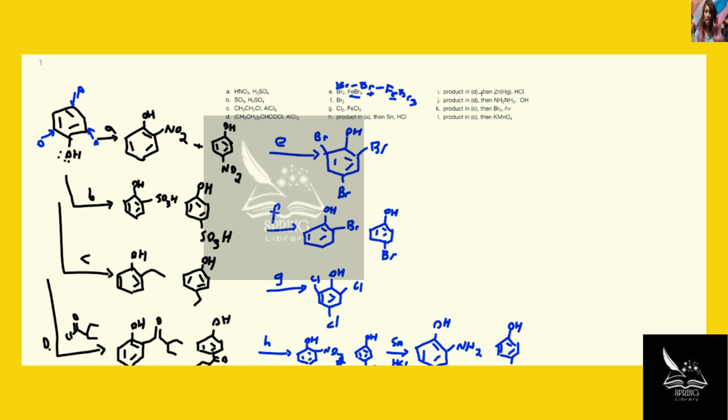So I, we're taking the product of D, then adding another reducing agent here. We're adding to the product of D, which is the Friedel-Crafts acylation product now.